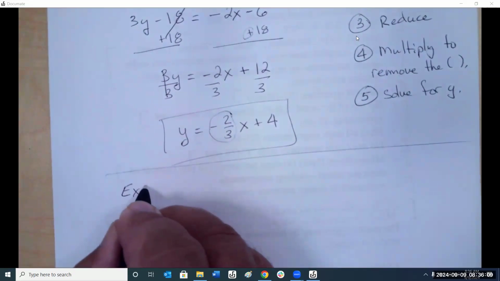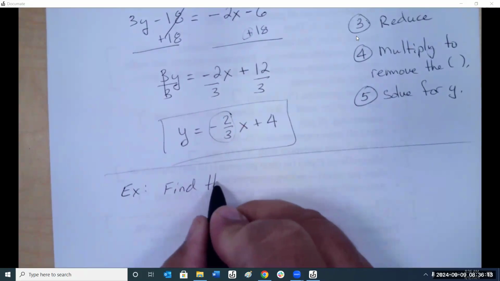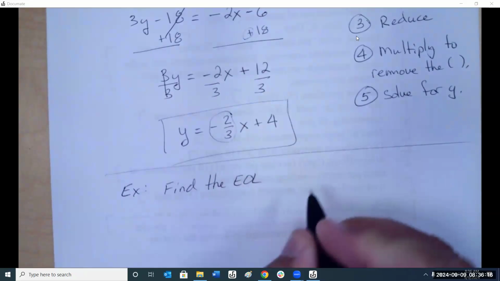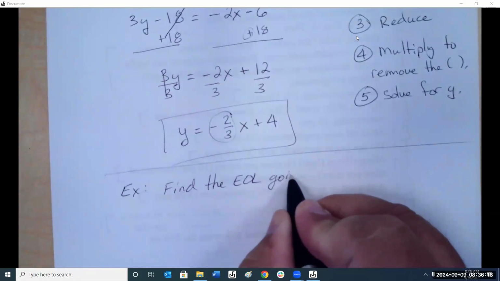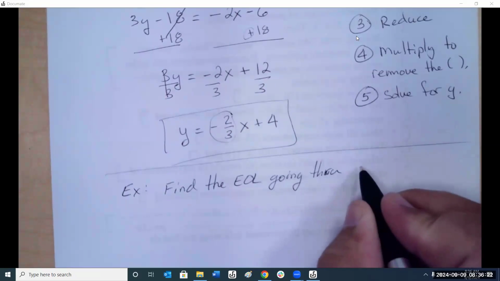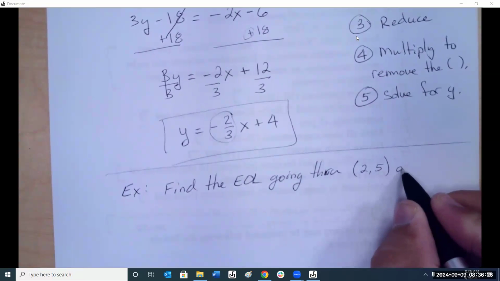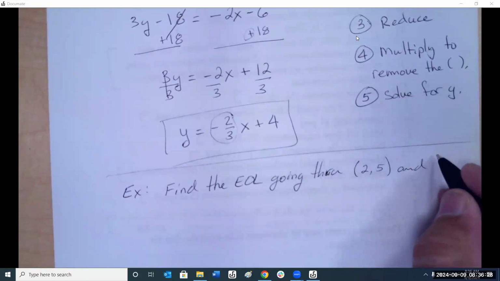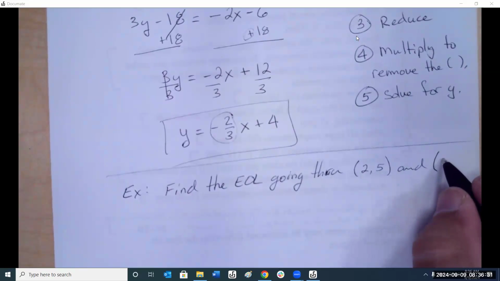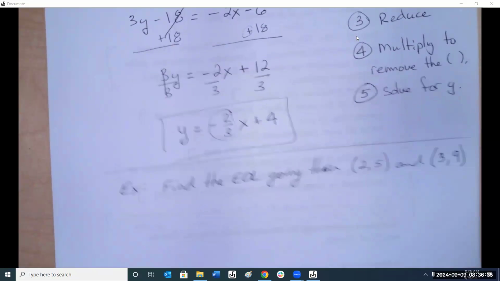What if I said: find the equation of the line going through (2, 5) and (3, 9)?